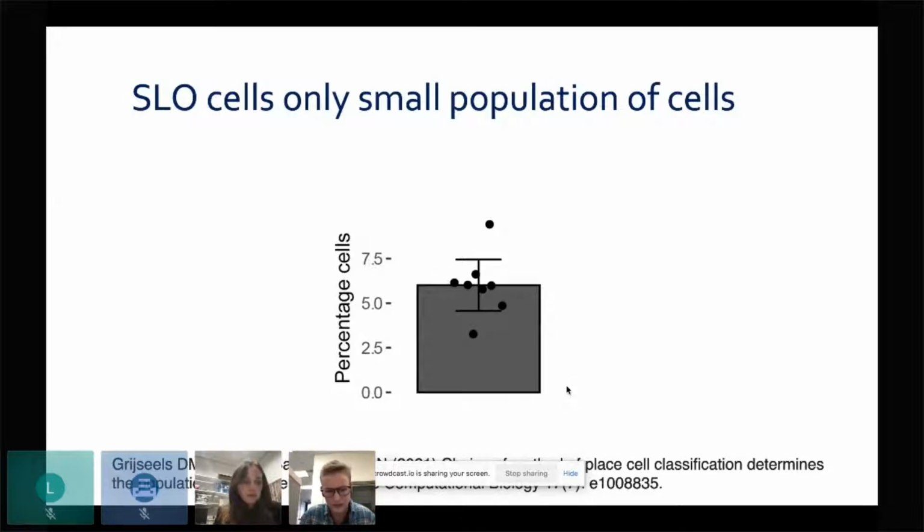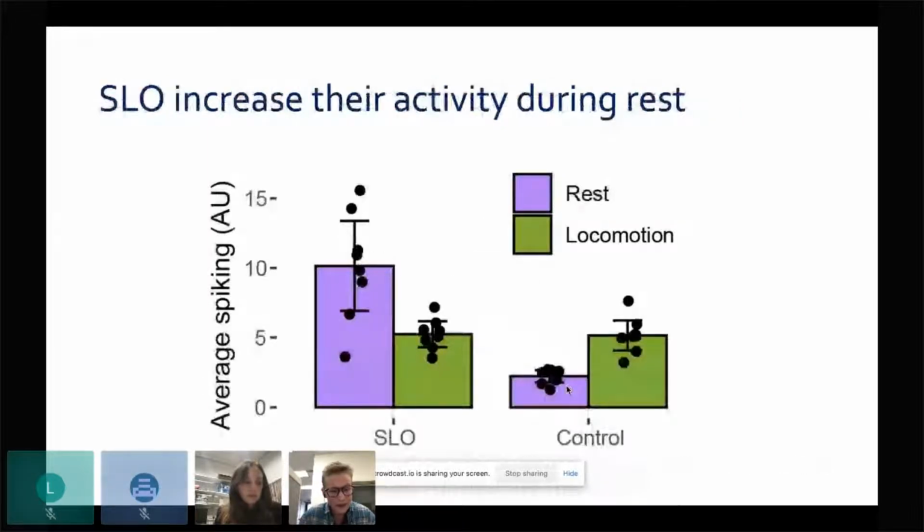Next slide, please. First I wanted to look at their activities. As I said, by eye, it looked like they increased their activity during rest. So quantifying this, we showed that the activity between slow and the control cells, which is basically everything that's not the slow cells, is very similar during locomotion in green, but the slow cells increase their activity during rest, whereas the control cells decrease their activity during rest.